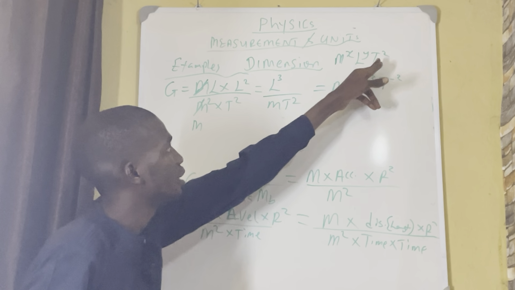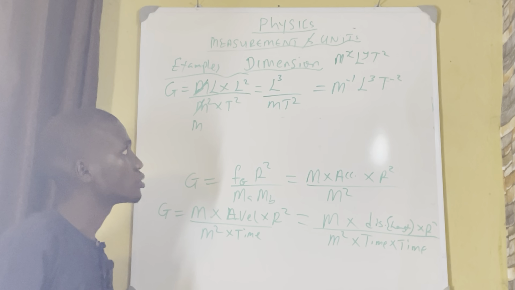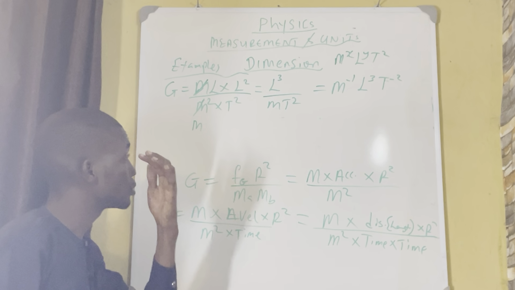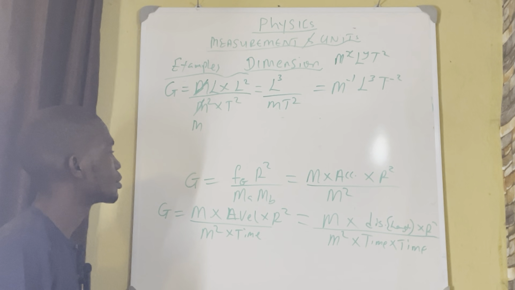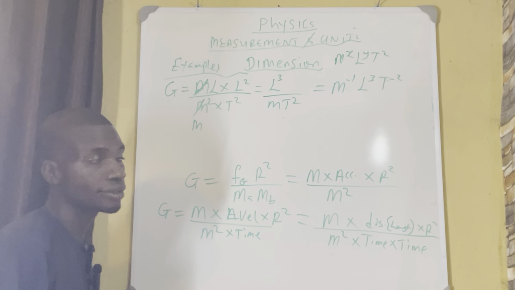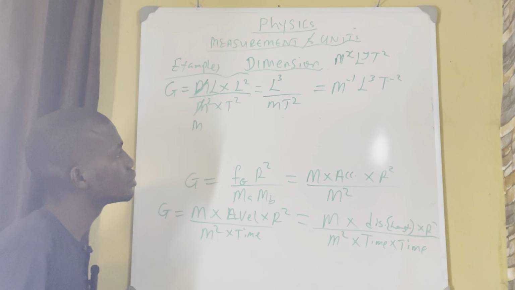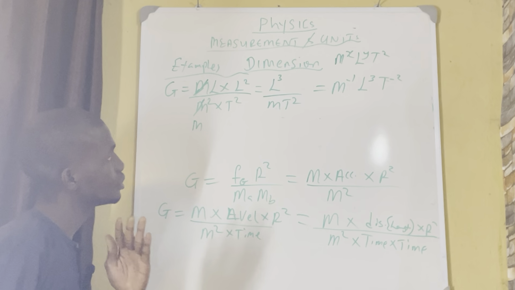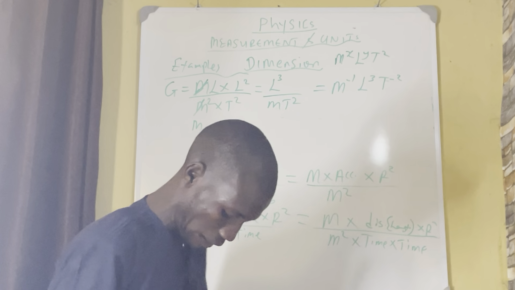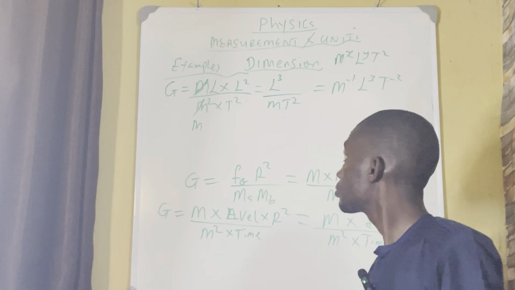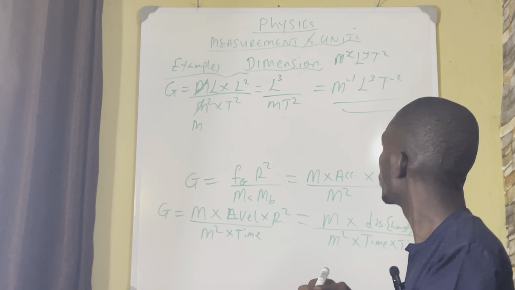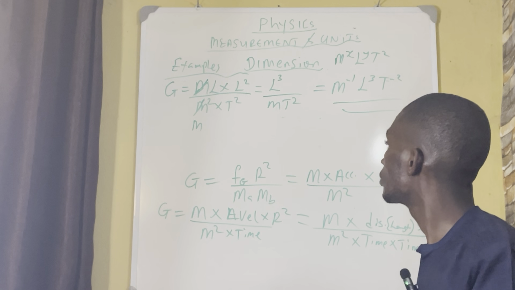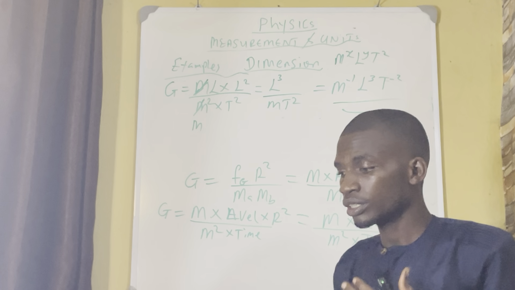Our y now is 3. Our z is minus 2. You understand? So this is our stuff. This is the answer. You understand?